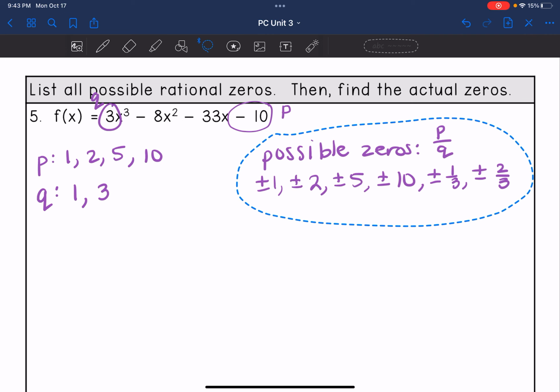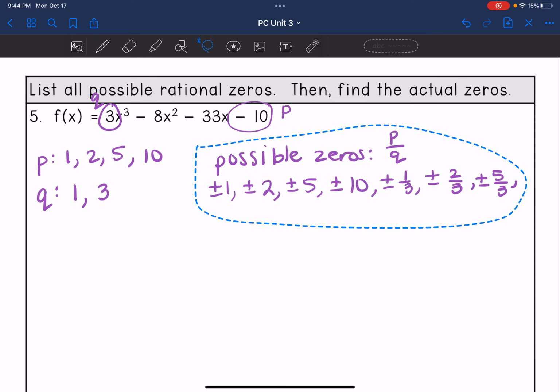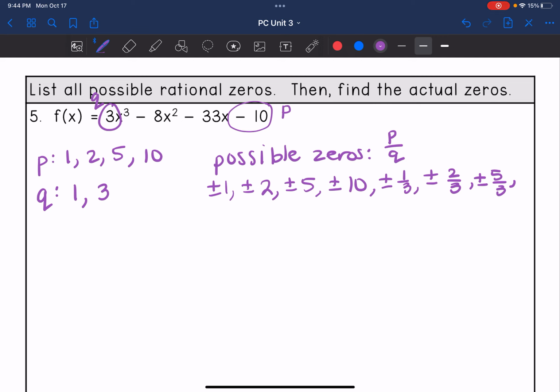Let me move this over. Plus or minus 5/3. And plus or minus 10/3. So those are all the possibilities that it could be.